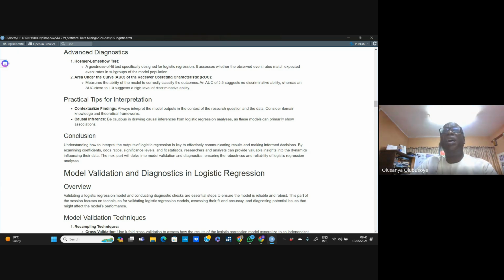Don't go beyond what the data is saying. Don't overgeneralize. Don't go outside the context. Our concern is about exchange rate.